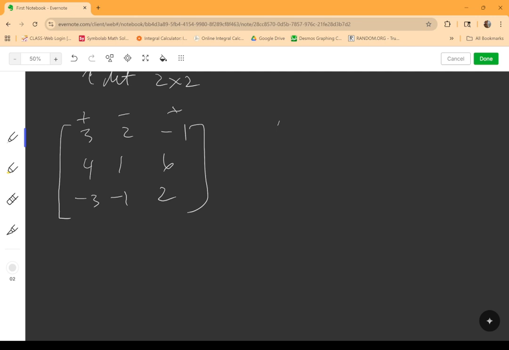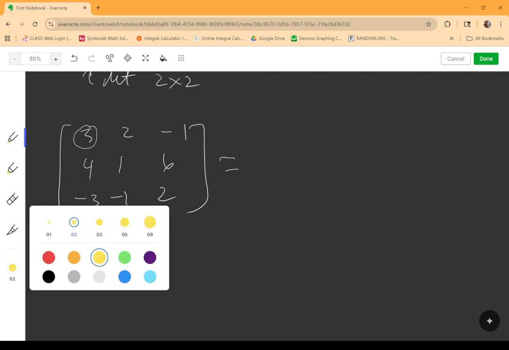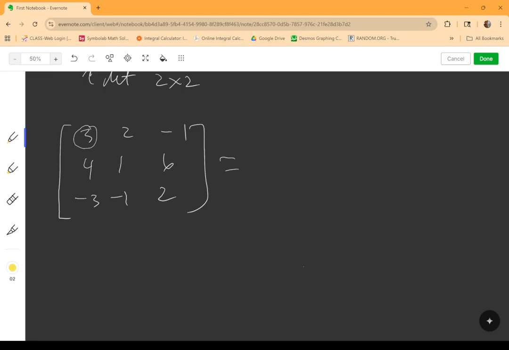We start with the first row, and then I'll choose another column later to show that it's not going to matter. I'm going to choose the first row, and as I choose the row, this is kind of like my pivot. That one is positive, so we start off with 3.